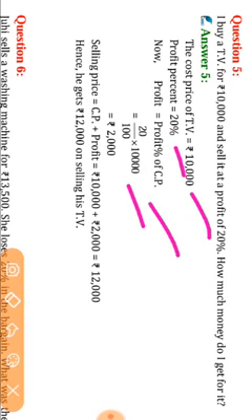Now 20% of 10,000 is nothing but 2,000. So how much do I get it for? Total amount: cost price plus profit. Okay, selling price is 10,000 plus 2,000, 12,000.